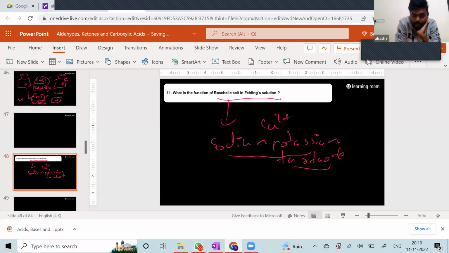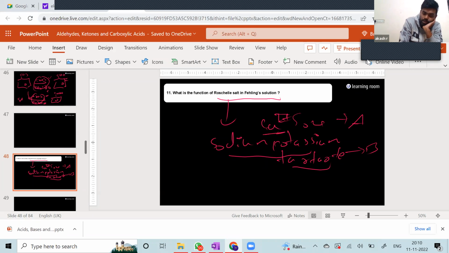We have Fehling's A and Fehling's B. Fehling's A is your aqueous copper sulfate, and this is Fehling's B. Right. And obviously, this CuSO4 is going to form Cu2O, which is going to give some red color. Right. What is the use of sodium potassium tartrate?